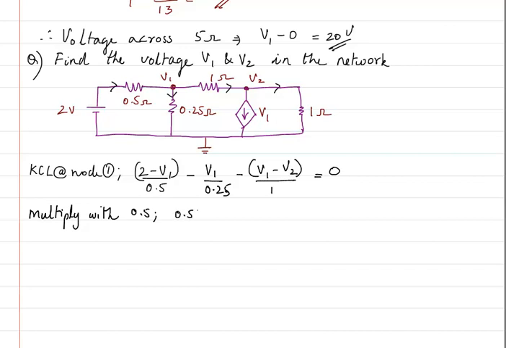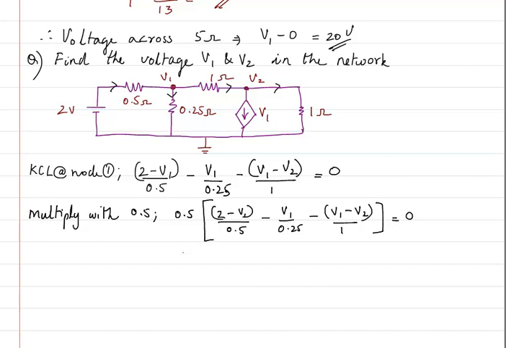So I will write 0.5 multiplied with 2 minus V1 divided by 0.5 minus V1 divided by 0.25 minus of V1 minus V2 divided by 1. No need of writing 1, but you can just write it.